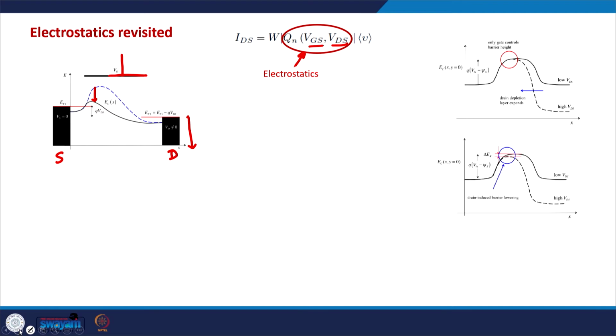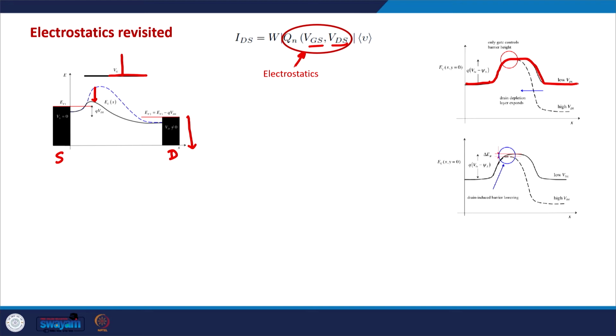And we have seen it earlier as well, especially in smaller MOSFETs. Here we have two figures. The top figure is the ideal case in which this barrier in the channel is shown for two drain voltages.